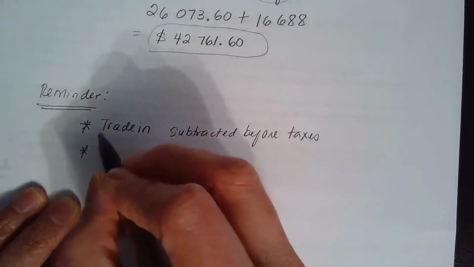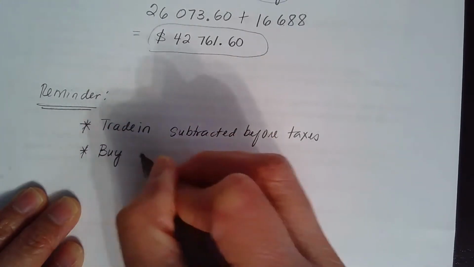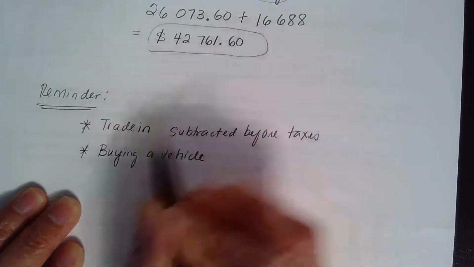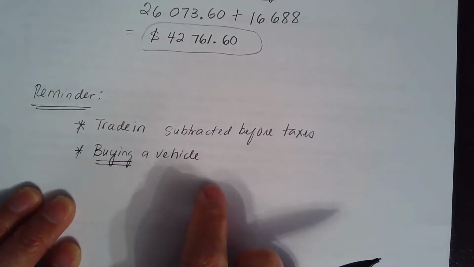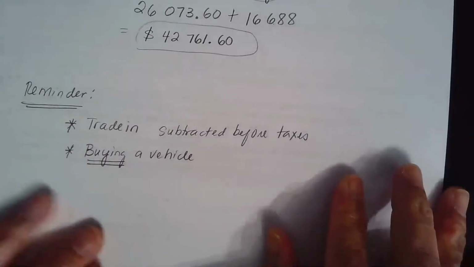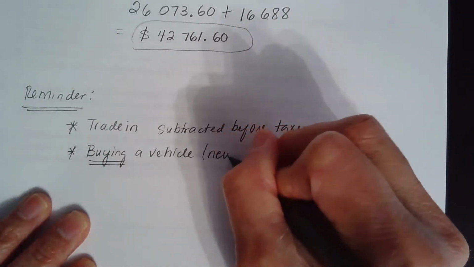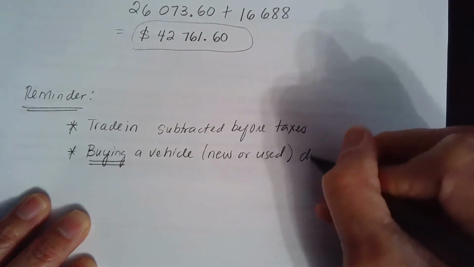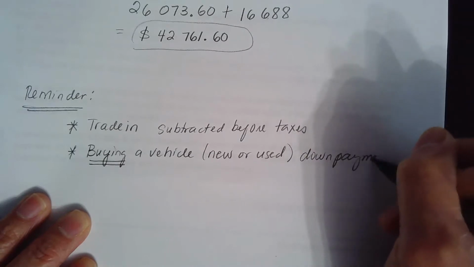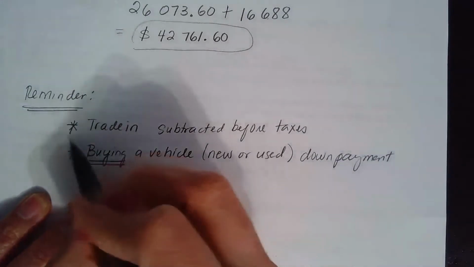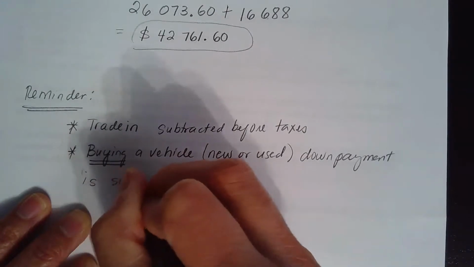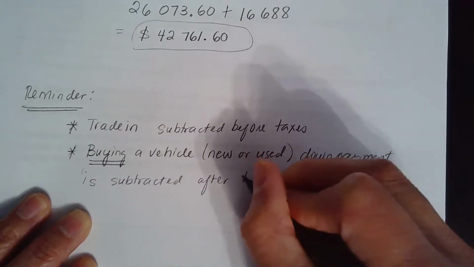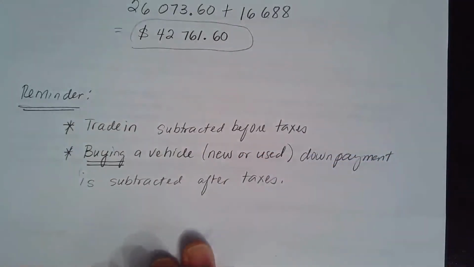And when we're buying a vehicle, this is the key thing, whether it's a new or used car, it doesn't matter, the down payment is subtracted after taxes, after we include the taxes.